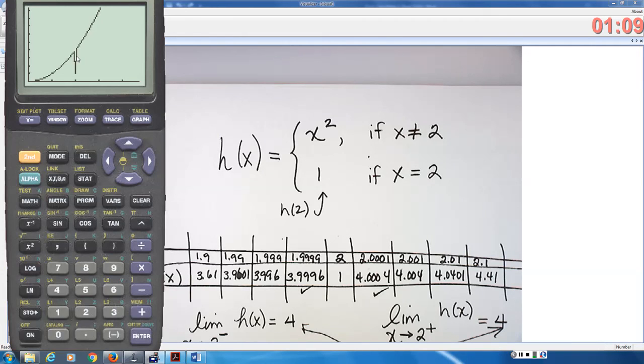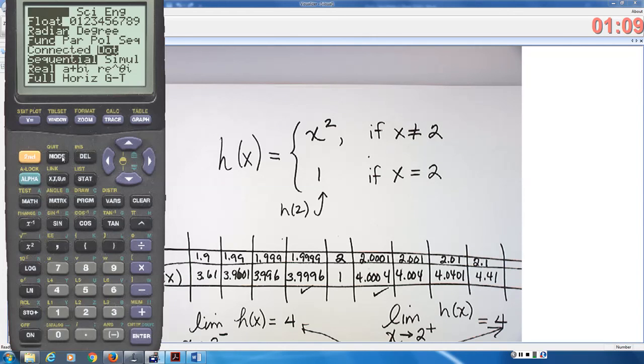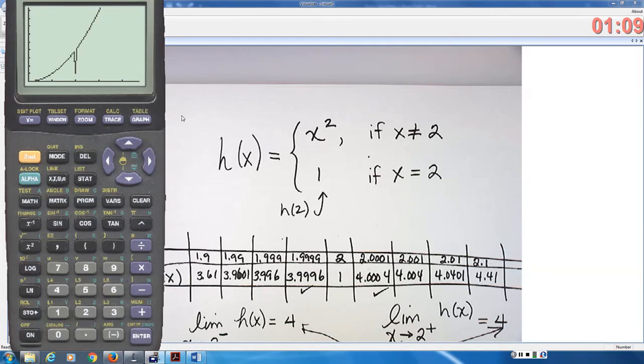Now, if you don't want to see that, and I don't, then I want you to press your mode key and make sure that you're in dot mode, not connected. Now, unfortunately, my calculator still tries to show it to you. I can't get it not to. But I think the TI-84, they fixed that. So let me enter this in on the TI-84.